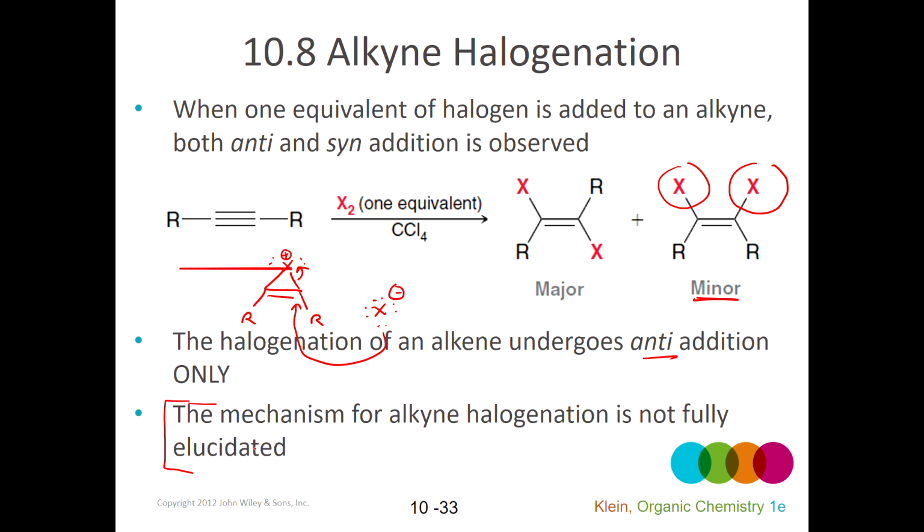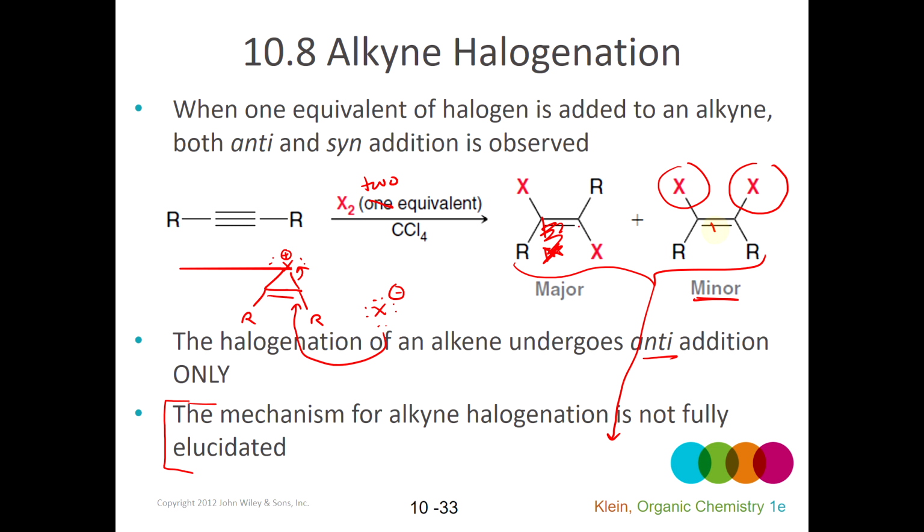Ultimately though, if you use one equivalent, you get a mixture of products. If you use 2 equivalents or more, well then more X's would add across that pi bond. Once I add 2 X's across, the other 2 would add as well across the other pi bond.